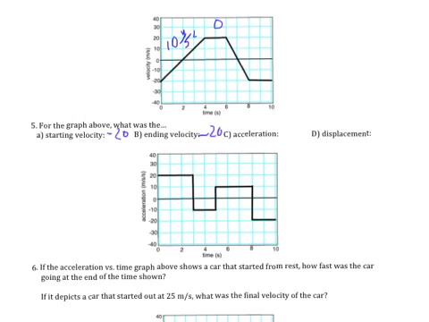So when I calculate, I should get something that has a larger magnitude than this in the opposite direction. So here, my ending velocity was negative 20, and my starting was positive 20. So that's negative 40 divided by 2 seconds. So that would be negative 20 meters per second squared.